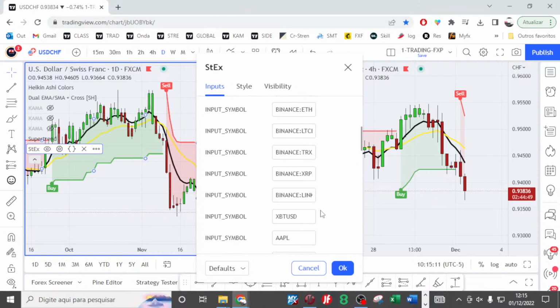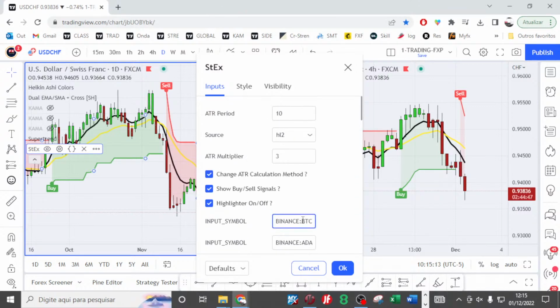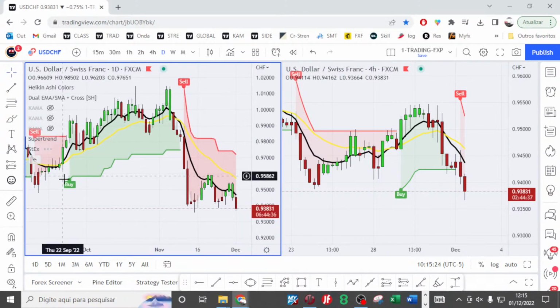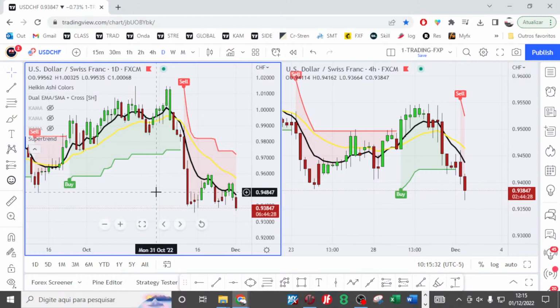Okay, so what if I put the symbol? I'm not sure how this works, so USD CHF, never tried. Let me see what is going to happen. Nothing, right? Okay, out. Need to backtest.